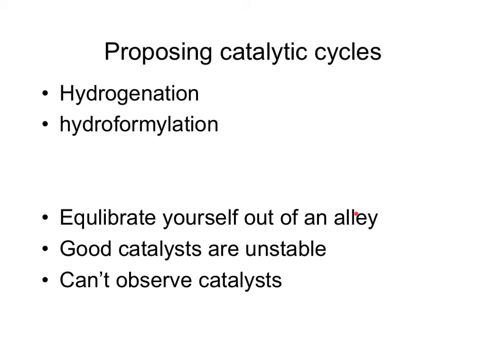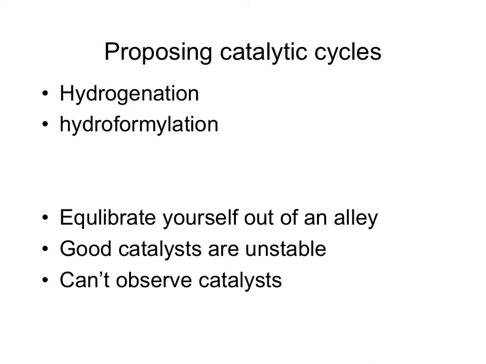I already mentioned this. If you need to, you can always use equilibrium to get yourself out of a place you don't want to be. And good catalysts are unstable. So we have talked about in my class how 18 electron compounds, where you filled all 9 of the valence orbitals, tend to be more stable. That's not what we want for a catalyst. If the molecule is stable, it's not going to be very reactive.